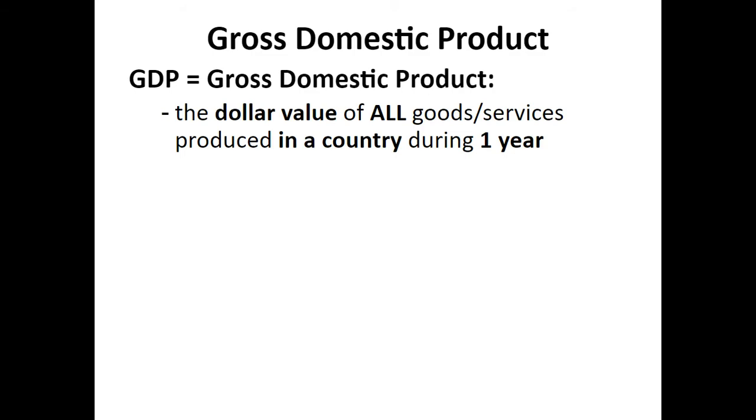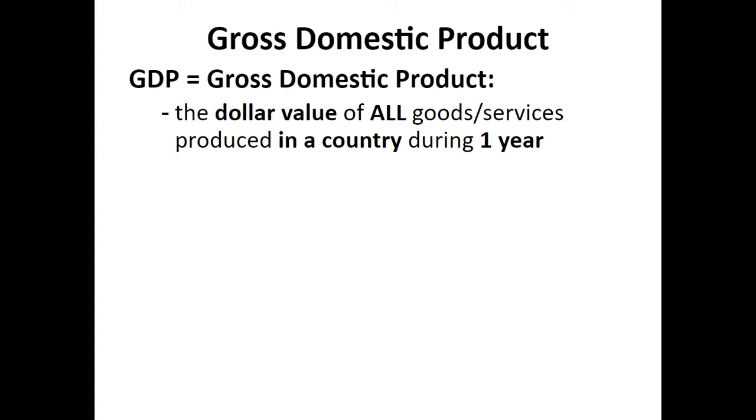So first, gross domestic product. GDP means gross domestic product, and that is the dollar value of all goods and services that are produced in one country during 1 year. So anything that is made here in the United States or provided as a service, and you guys remember we went over the differences between a good and a service.